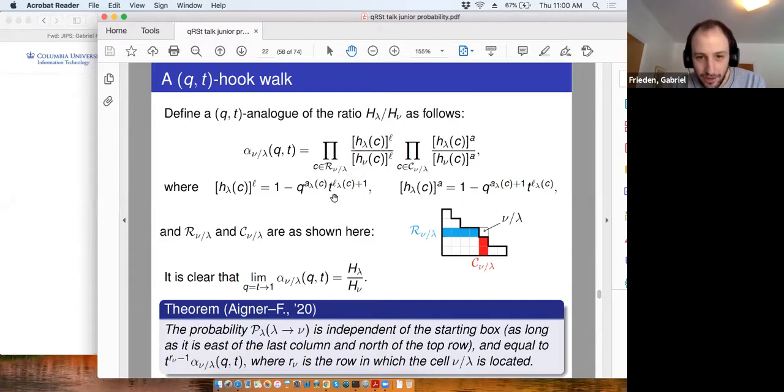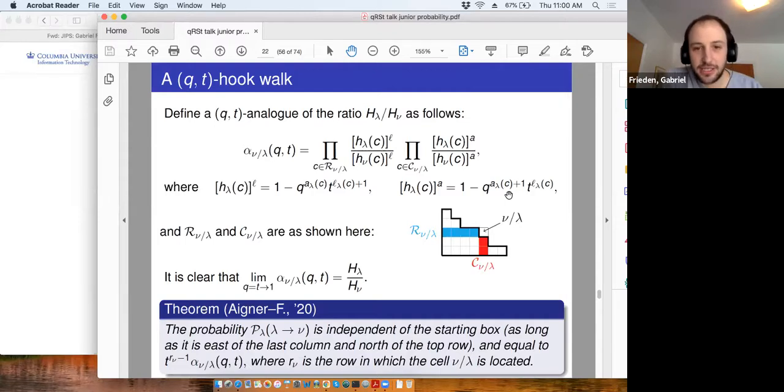You do q to the arm and t to the leg, but then there's the question of where does that extra one for the box itself go? Does it go into the leg or into the arm? Neither one is better than the other. So what you do is, if the cell was in the same row, we put that extra one into the leg. If it was in the same column, we put that extra one into the arm.